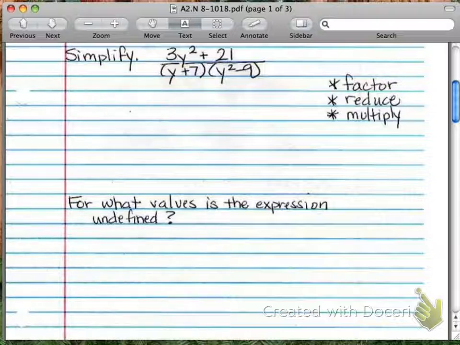Okay, what about the top there? Can we factor something out of the top? Yeah, we can factor out a 3 at least. So then you end up with 3 outside the parentheses, and then what does that leave you with? Y squared plus 7.